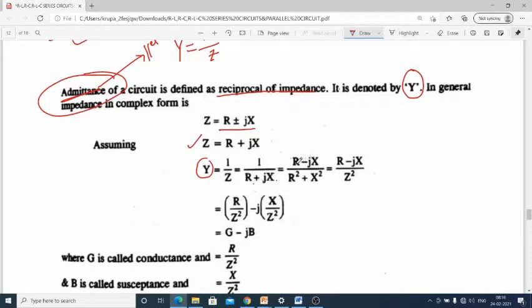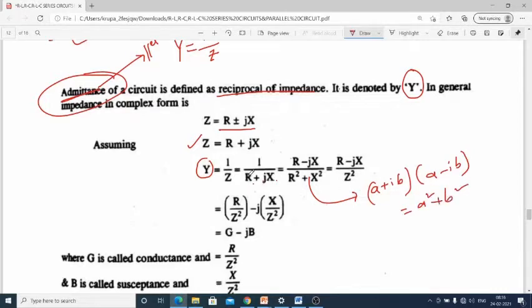In order to get a real and imaginary term, we rationalize the numerator and denominator with respect to R minus jX. So we get R minus jX upon R square plus X square. How does this come about? (A plus iB) into (A minus iB) gives A square plus B square.